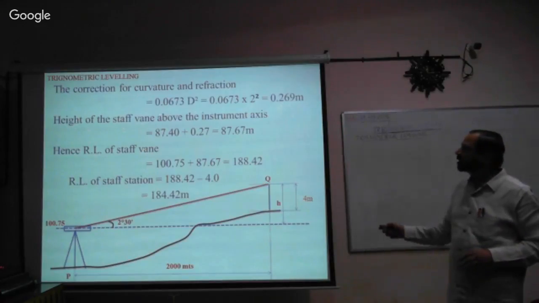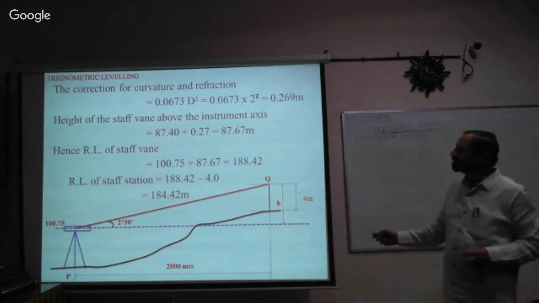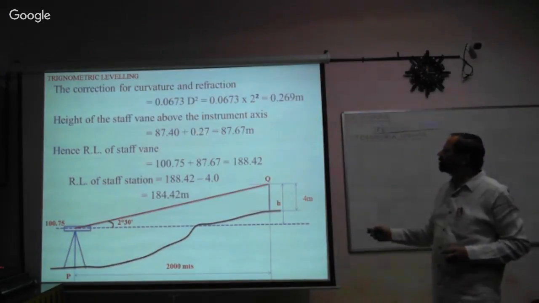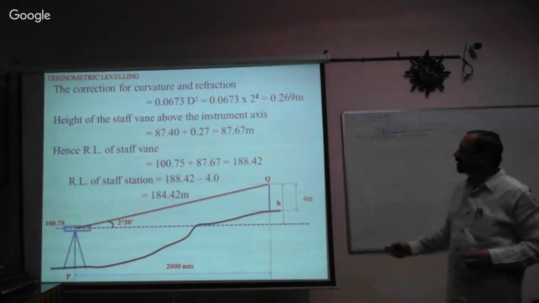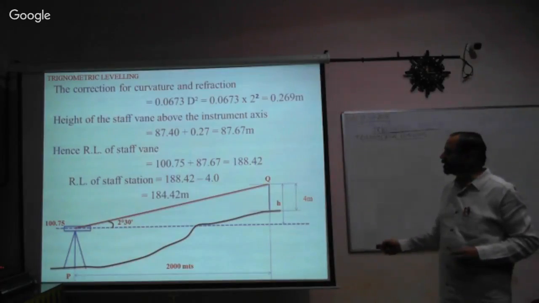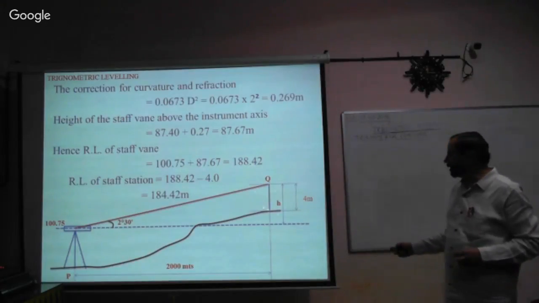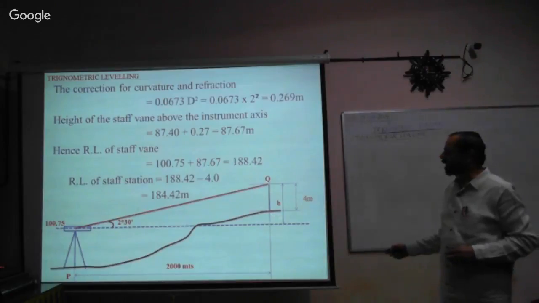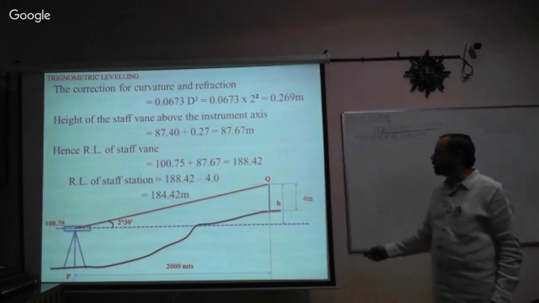Then the height of the staff above, that is calculated. H plus 0.27 we have taken, then the RL of the staff station is equal to this much. The RL of the staff station is 184.